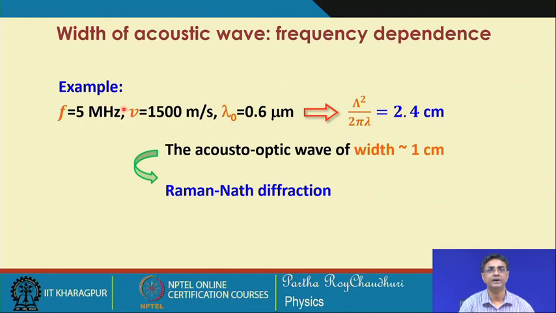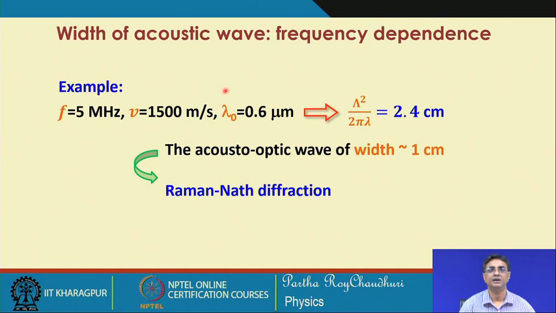Now, let us consider one example. Say you have the acoustic wave generator or oscillator, that is the piezo crystal which is used to generate this acoustic wave, with a frequency of 5 megahertz. Usually the acoustic wave velocity in water, or in a nonpolar liquid, is of the order of 1500 meter per second.